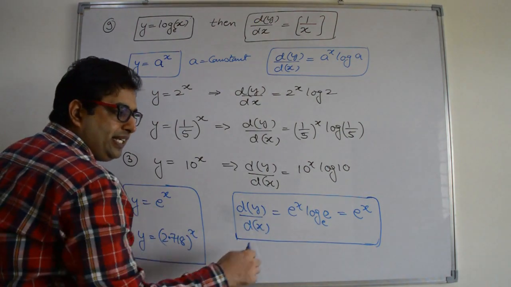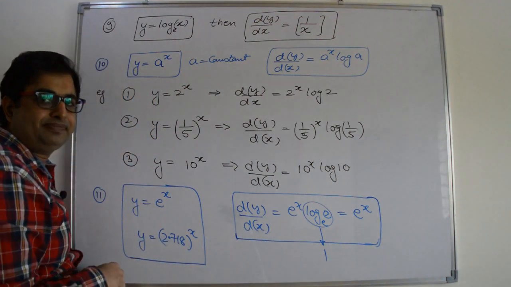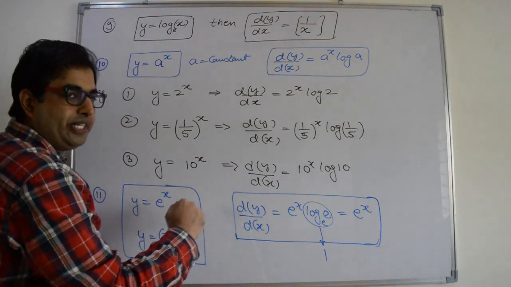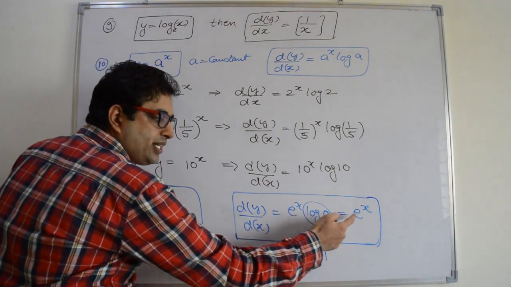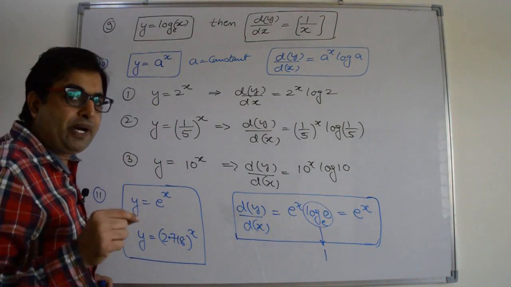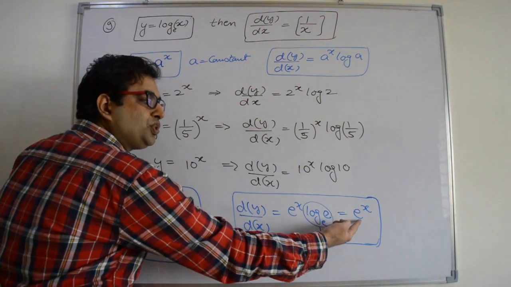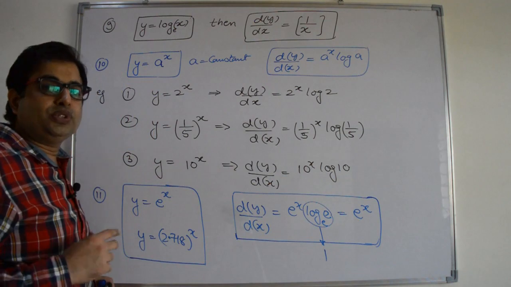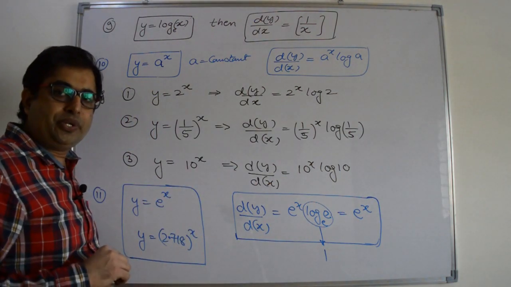Log e base e is 1. See the previous lecture, second number lecture for this. So our answer is e power x. E power x is a function whose differentiation is also e power x. So no change when we differentiate e power x. Understood?